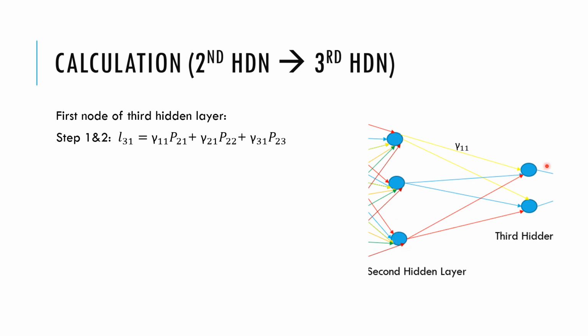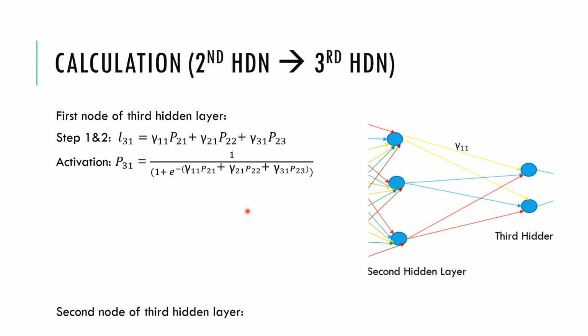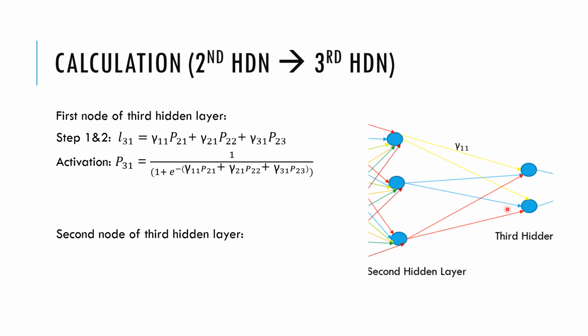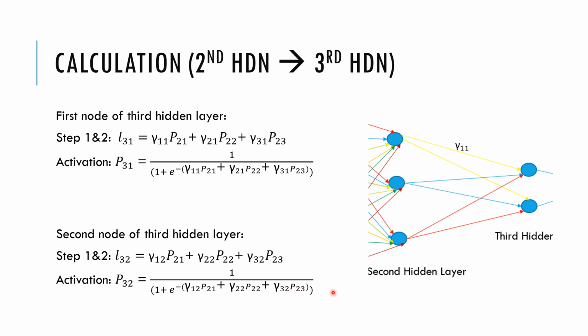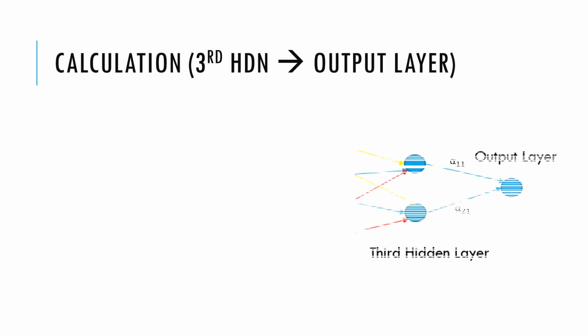All these 3 are connected to this node, added together, then the activation function 1 upon 1 plus e to the power minus this. Then the second node, same thing: all the connections multiplied by their respective weights, added together, and then we get this activation function. That's what we are doing.